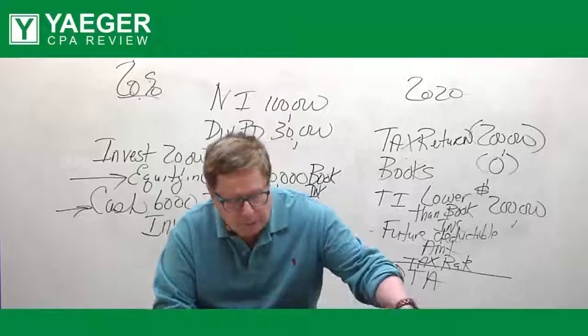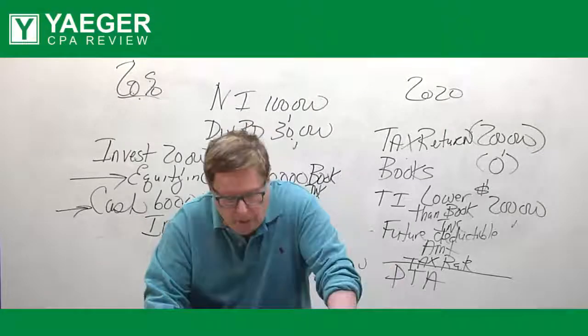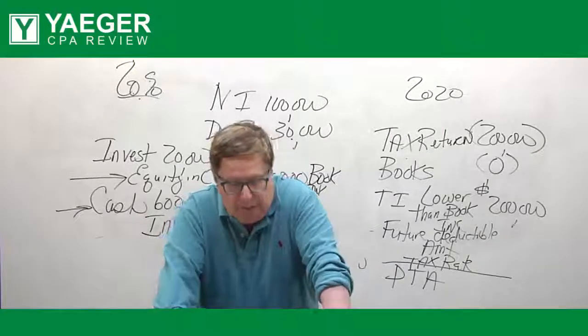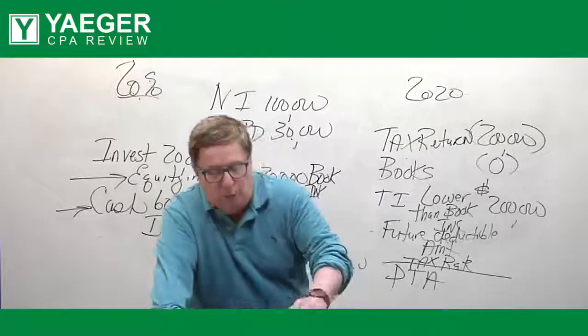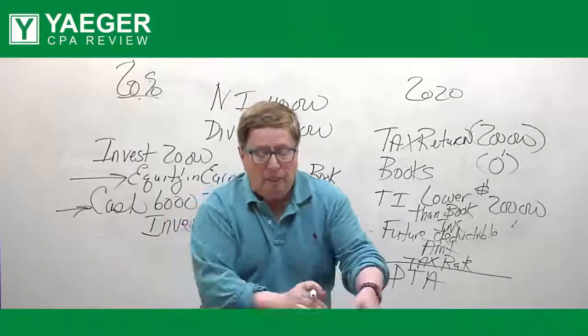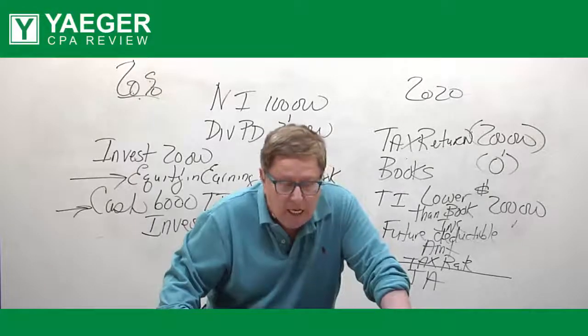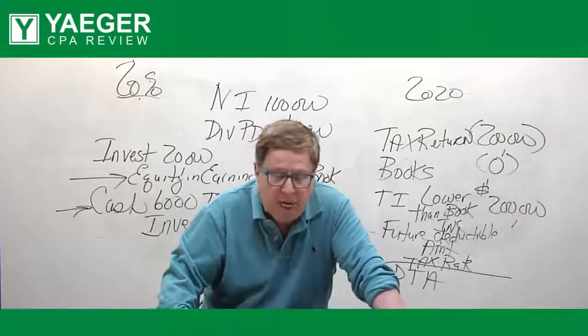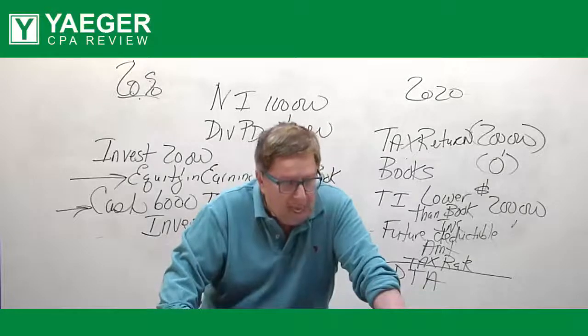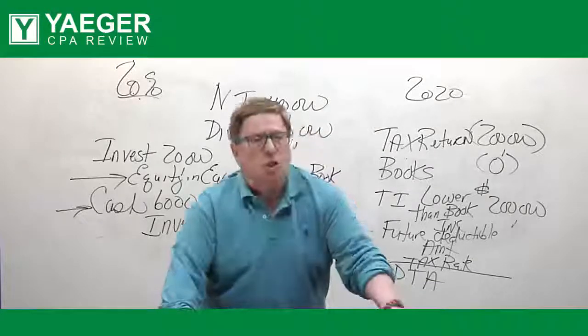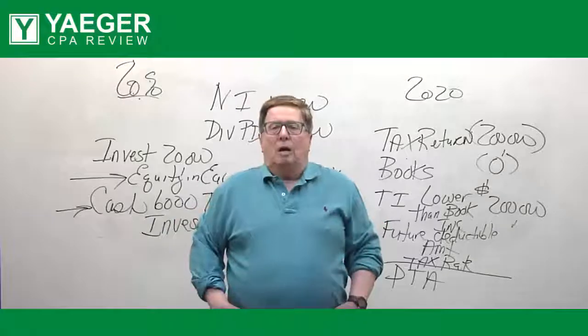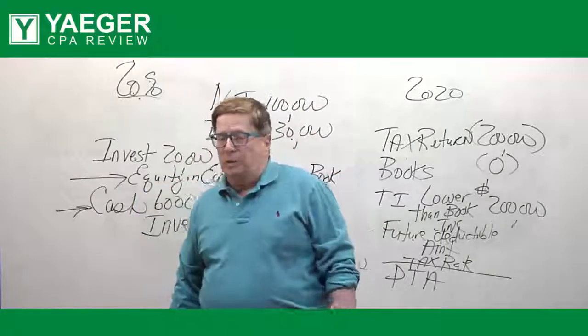What you do here is this. If you receive future earnings, which you expect to do, because this is a future dividend, you're going to take the future dividend received deduction. By the way, these are not the actual dividend received deductions.